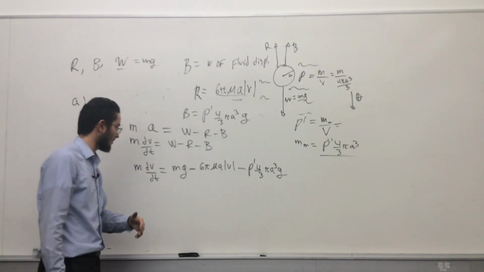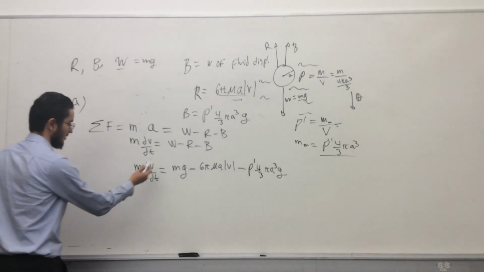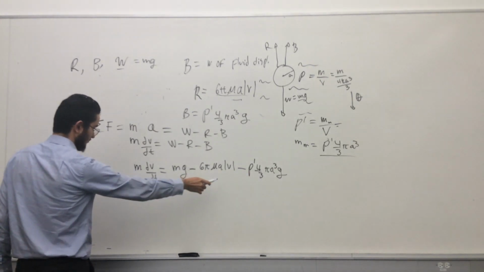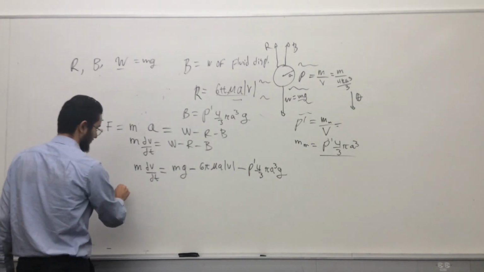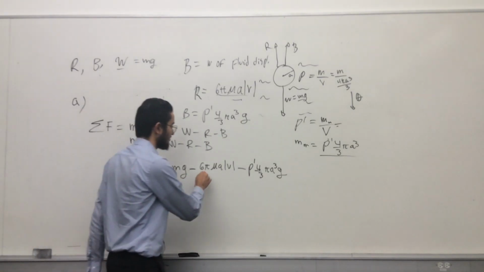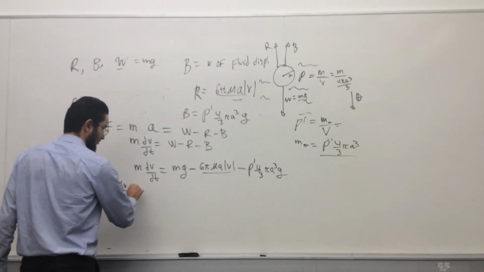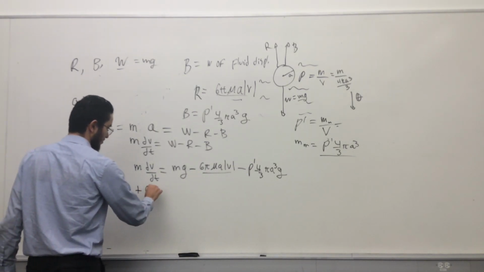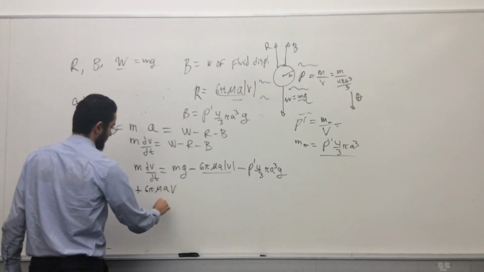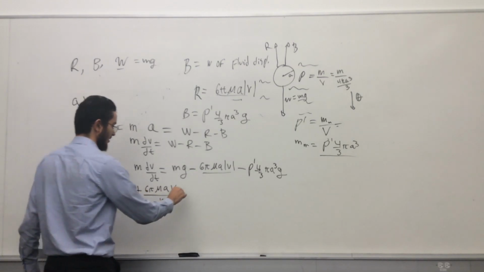Now we divide everything by m to find the standard form of this differential equation. We're going to have dv over dt, and then we add the term that has the velocity on the other side in order to have a standard form. So we're going to have plus 6 pi mu times the radius a, times the velocity v, divided by m, the mass of the object.